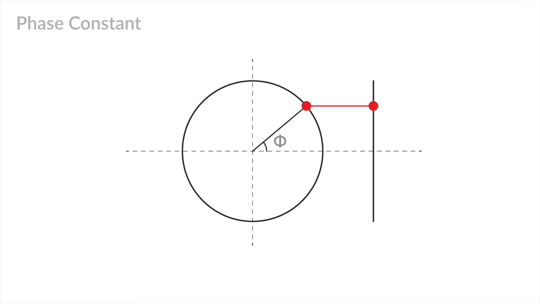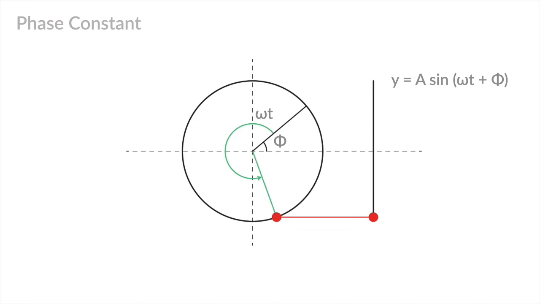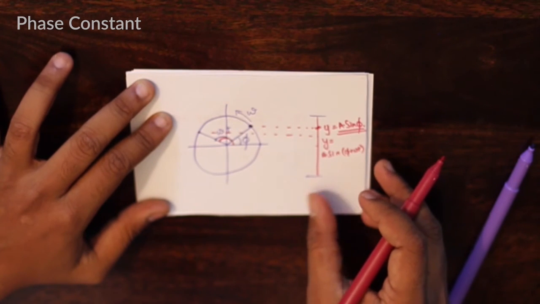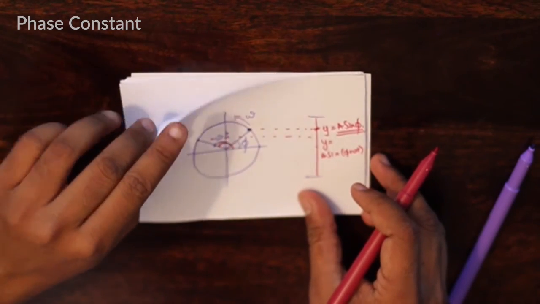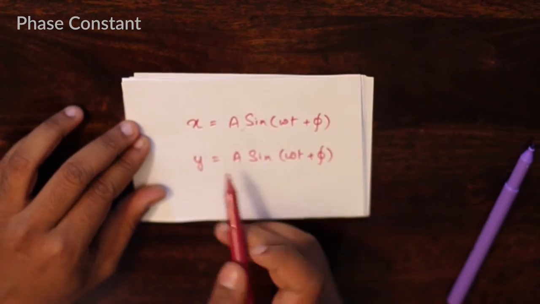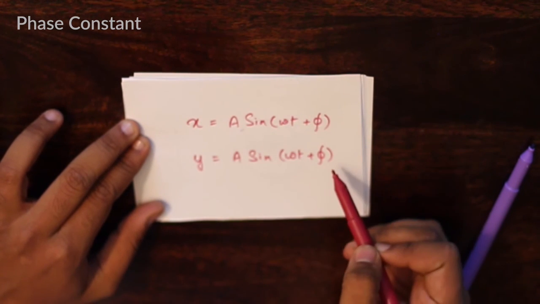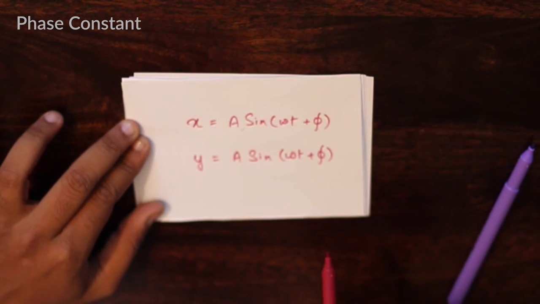There is the phase of phi already, and now the circular motion begins, causing an SHM of y is equal to a sine omega t plus phi. So this is what the entire equation indicates. x is equal to a sine omega t plus phi is a horizontal SHM, and y is equal to a sine omega t plus phi would be a vertical SHM.